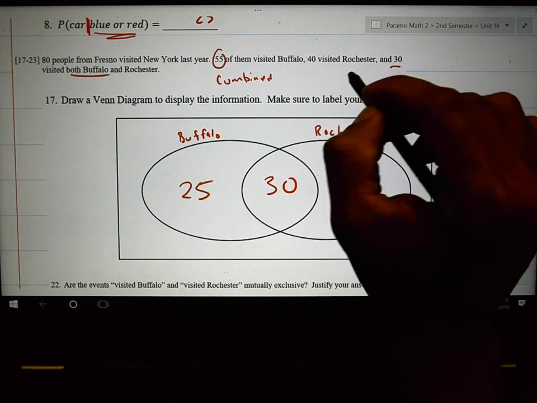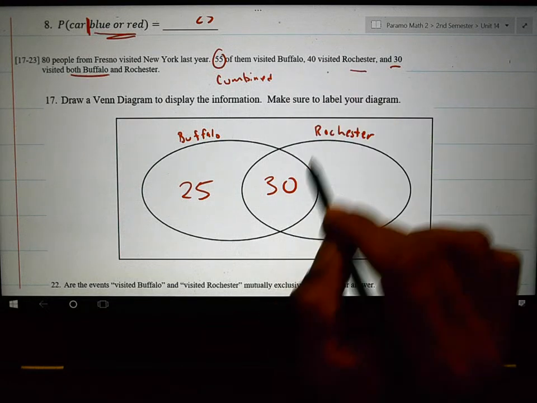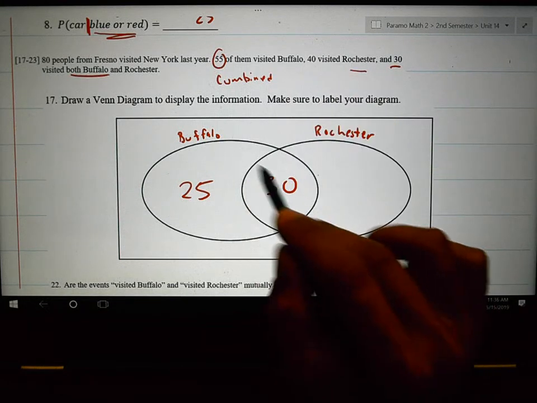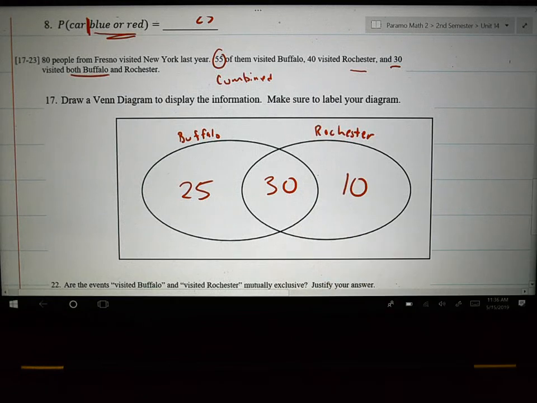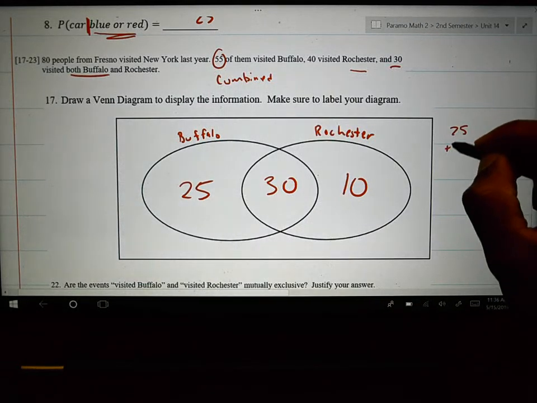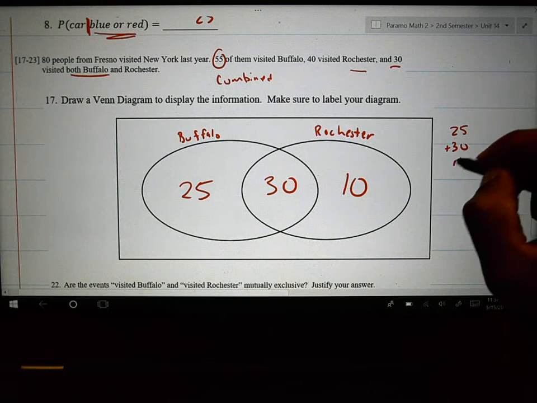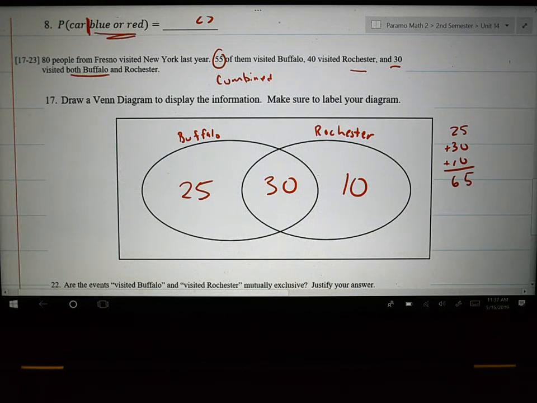Now, who visited Rochester? 40 people did, but 30 already went to Buffalo as well, so we just need to add 10 more. Now, if you think about that, you have 25 people plus 30 people plus 10 people. You have 65 people.